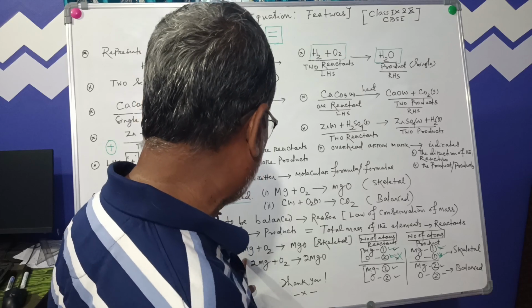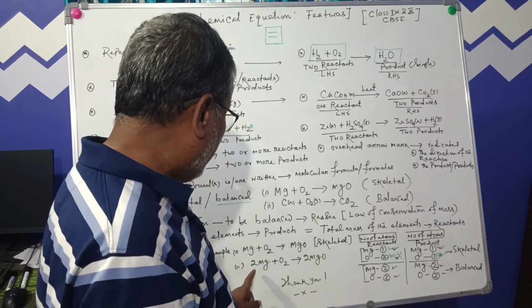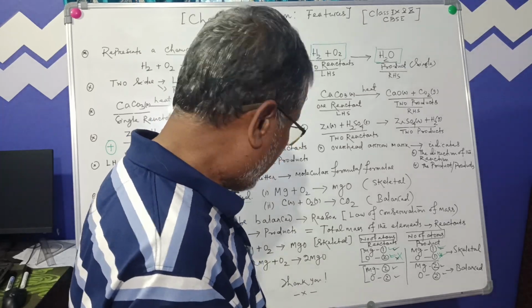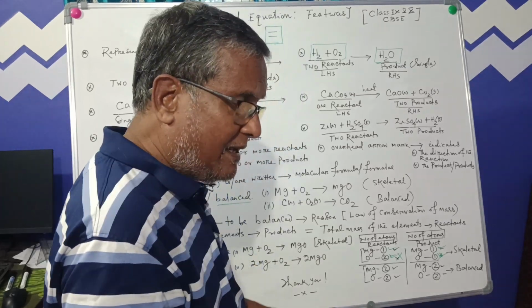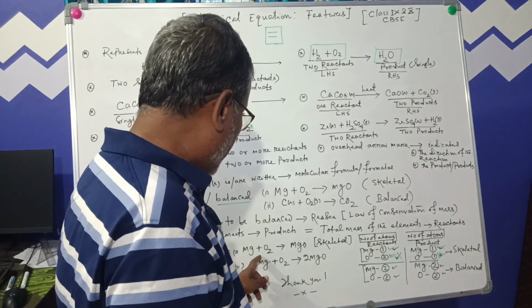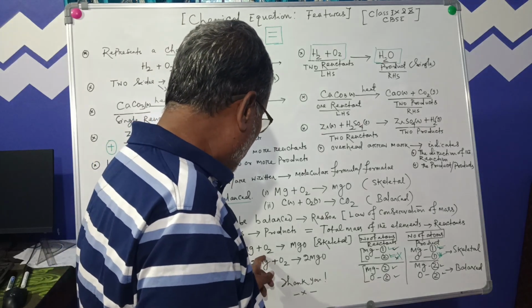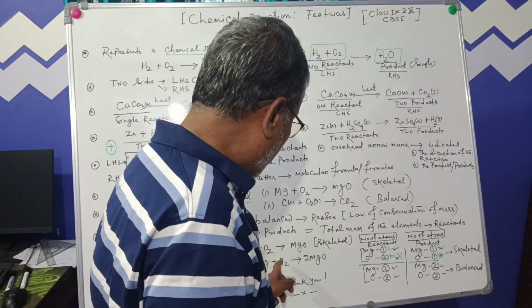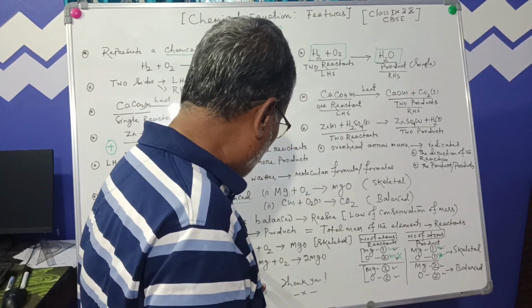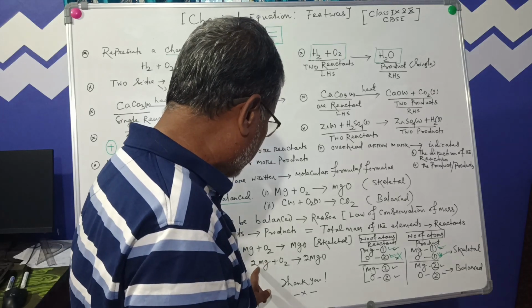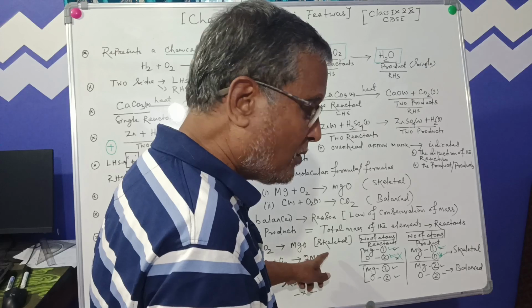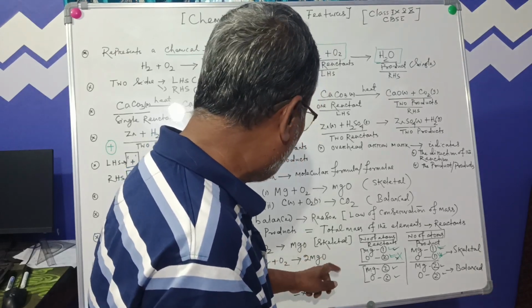We have already balanced that equation, the example we have taken. Now you see 2 Mg plus O2 gives 2 MgO. We can say two atoms of magnesium react with two atoms of oxygen to form two molecules of magnesium oxide.